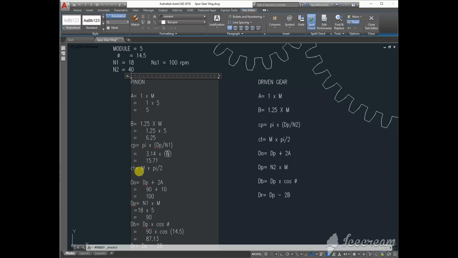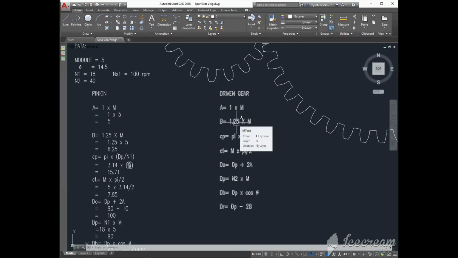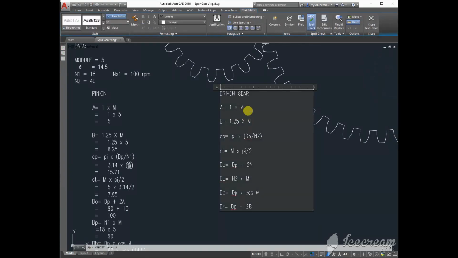And the circular thickness would be the module 5 times 3.14 over 2. This will be equal to 7.85 mm.